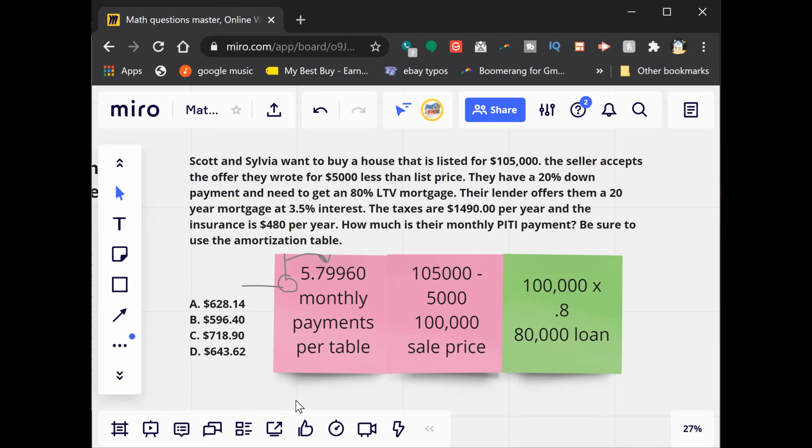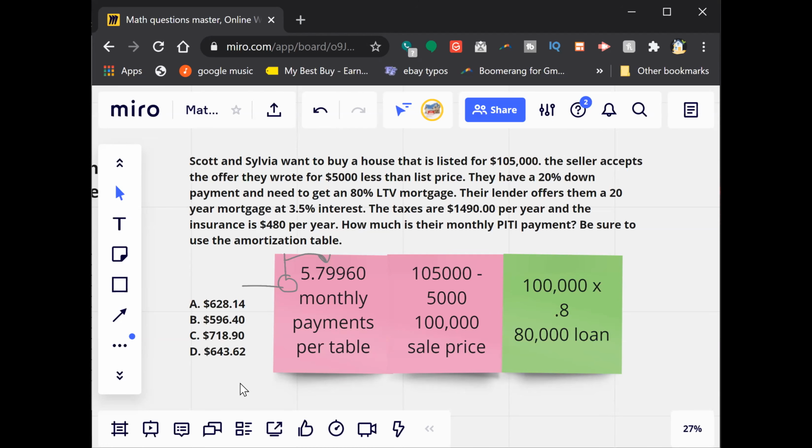Not the loan amount, because remember I told you, not 1,000, you're close. Remember I told you if I had a $1,000 loan for an amortization table, I would multiply it by 1. If it was a $2,000 loan, I would multiply it by 2.